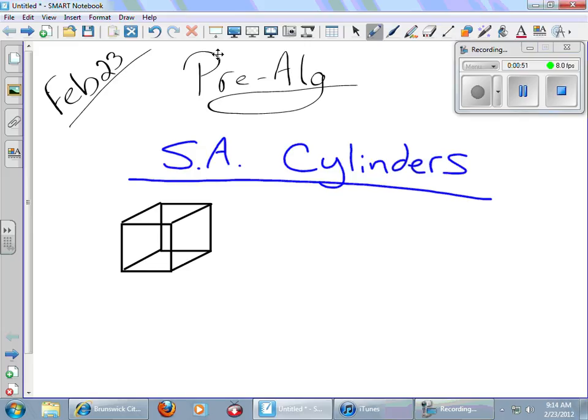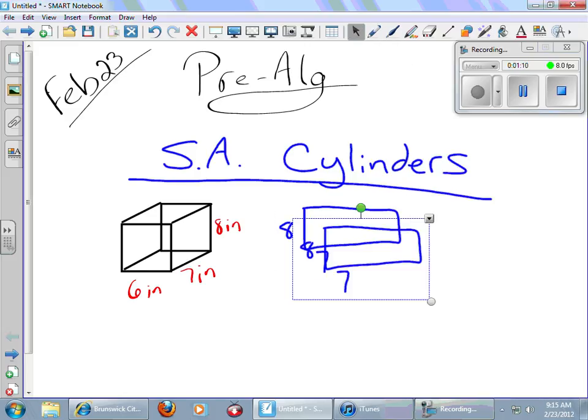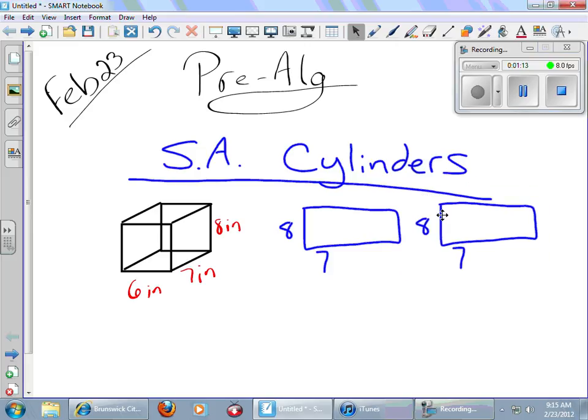Like, for example, if I gave you the measurements as 6 inches, 7 inches, and 8 inches, and you were going to draw the rectangles, well, you would definitely need an 8 by 7 rectangle, and actually you'd need 2 of those, wouldn't you? So there'd be 2 of those, and the area would be 56 inches squared for both of them, because they are congruent.